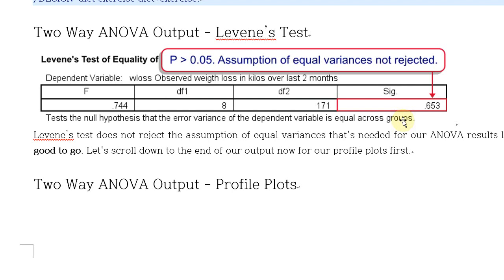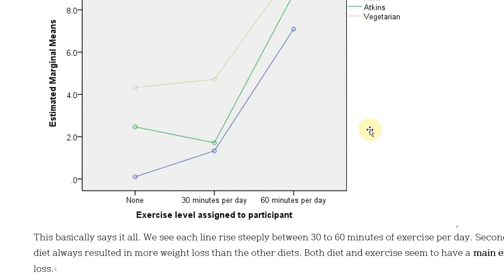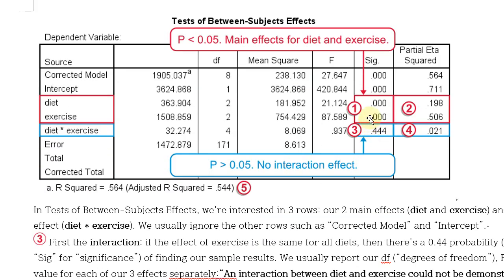Understand? Each group's variance is similar. We call this kind of similarity homogeneity. Okay? Homogeneity. Okay. Like this.